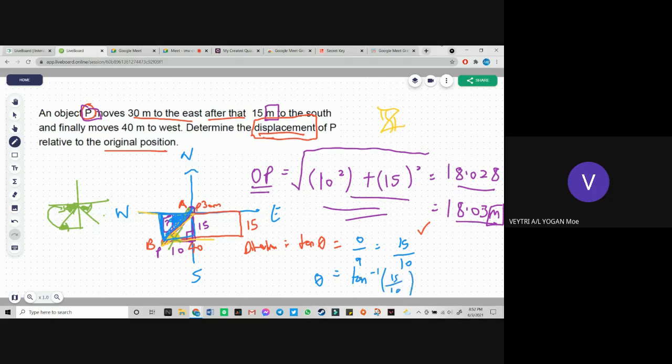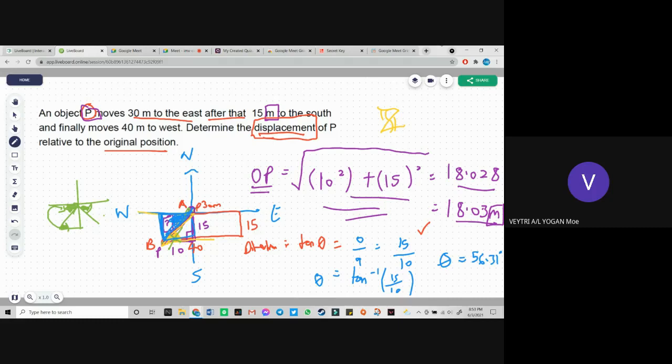Remember to use degree mode. Later we will learn something about radian mode and so on. For now, this one is in degree mode. So now, what is tangent inverse 15 over 10? What is your answer? 56.31. 56.31 degrees. Okay, this is the angle, but they want the direction, right?